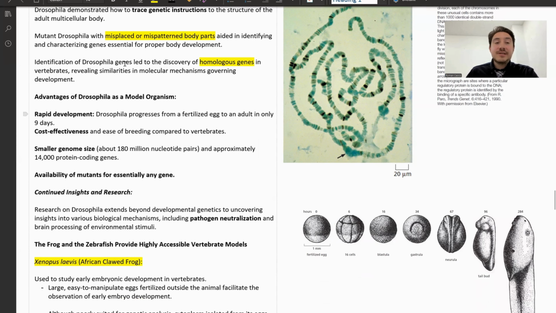The identification of Drosophila genes led to the discovery of homologous genes in vertebrates. So not just development of the fly, but also developmental genes that many vertebrates have, revealing similarities in the molecular mechanisms governing development.